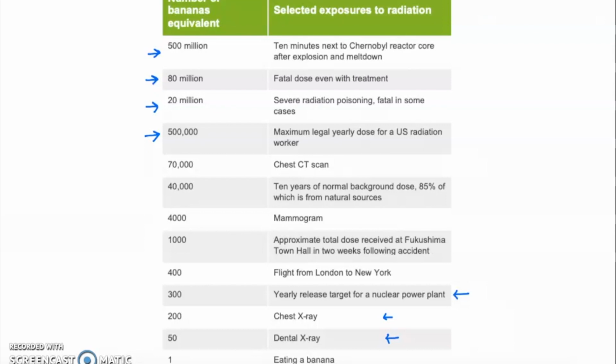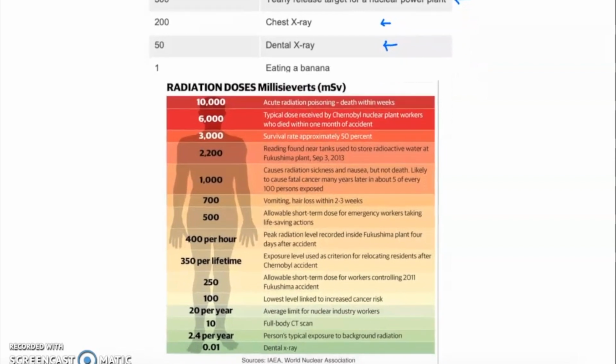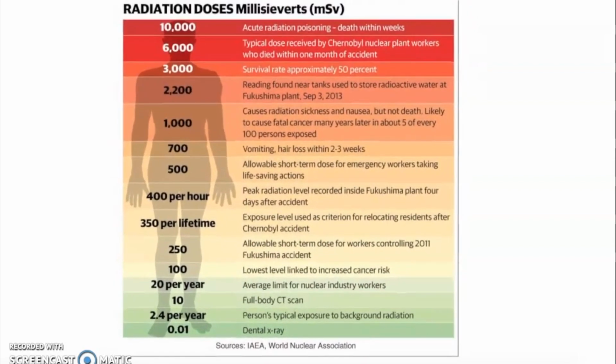Okay, so this gives us an idea because we're familiar with bananas. What we're probably less familiar with are millisieverts. This is a really common unit when it comes to radiation. And you can see, converted over to millisieverts, exactly how many millisieverts per year in some cases correspond to different incidents.